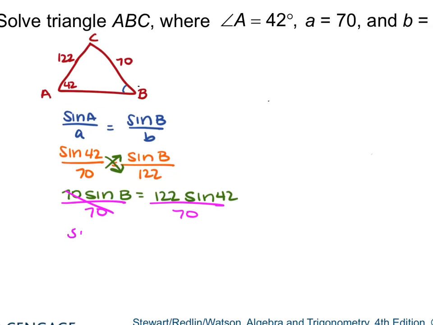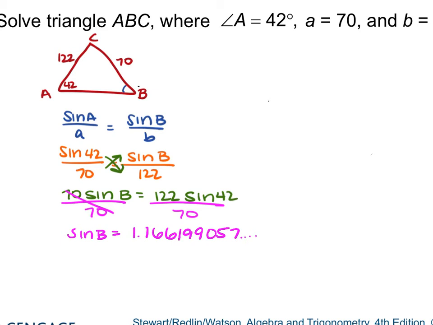We're going to get sine B is equal to 122 sine 42 divided by 70. So this is 1.166199057 and keeps going. In order to get the angle for B, you'd have to take the inverse of this.